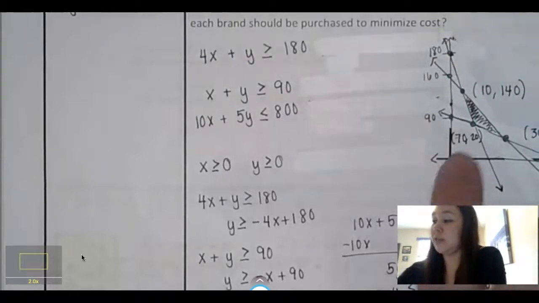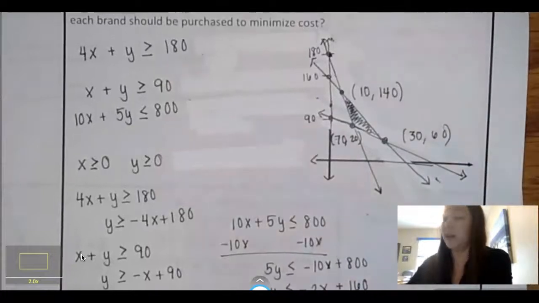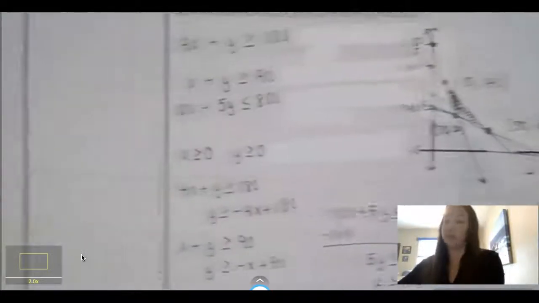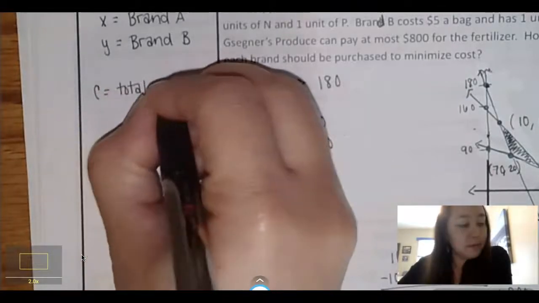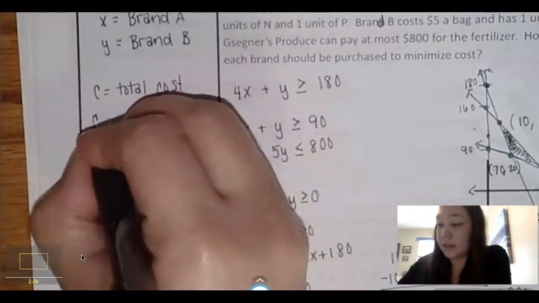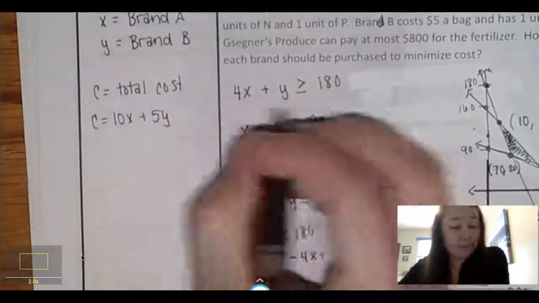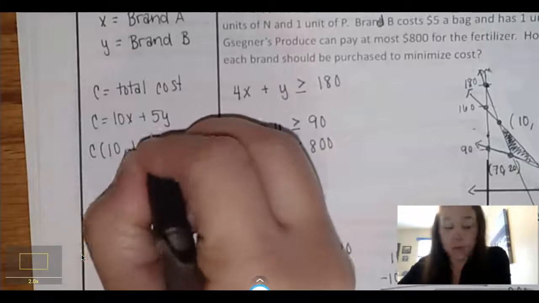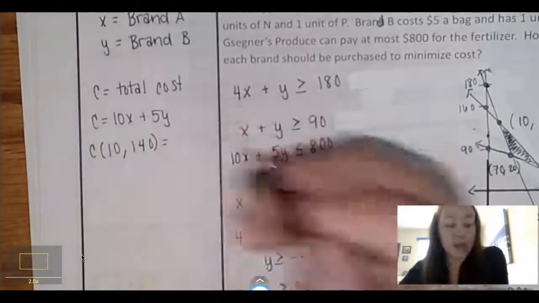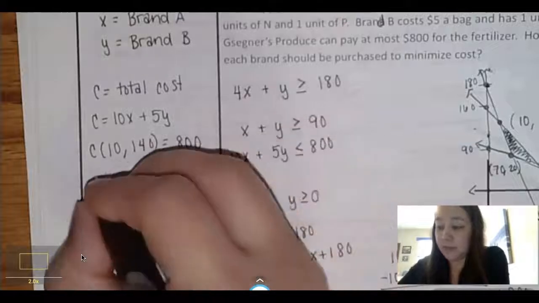So we need to look at these 3 points and determine which of them would minimize the cost. If C is the total cost, C would be 10x plus 5y. C of (10, 140) would be 10 times 10 plus 5 times 140, which gives you 800.